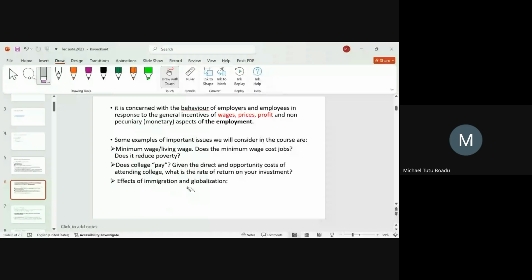And that will bring conflict. That can affect the minimum wage. It can bring the minimum wage down because labor supply in that sector is going to increase. So immigration and globalization is also shaping the issues of employment and minimum wage determination.